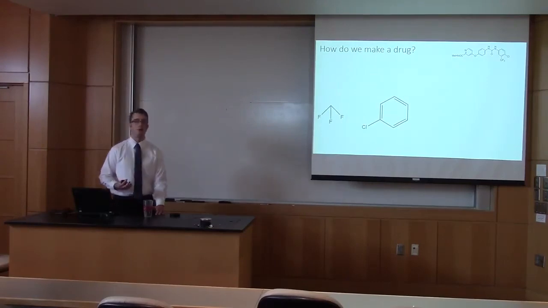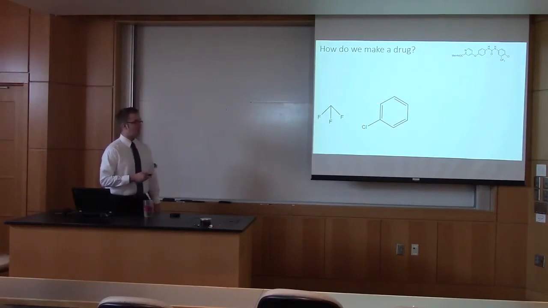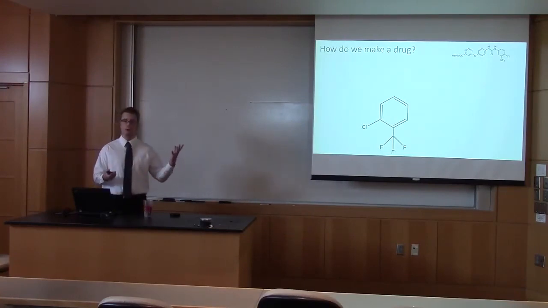We don't want to trifluoromethylate at the end, because that could lead to trifluoromethylation in different places. We'd like for it to be very controlled, and so we can trifluoromethylate at the very beginning using a heteroarene, for example, chlorobenzene. And then we can think about how to attach that onto the rest of the drug.